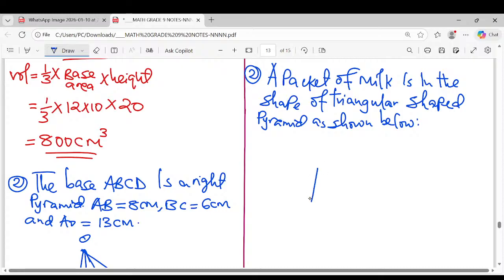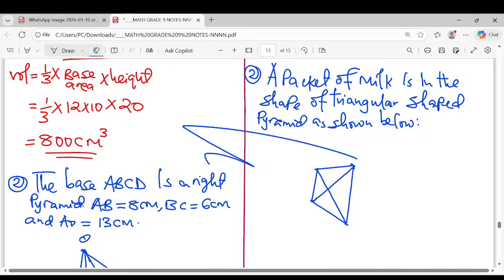This is the figure. And this angle here is 90 degrees.